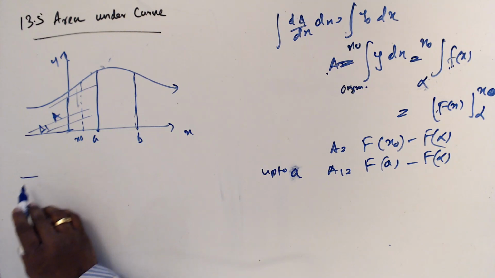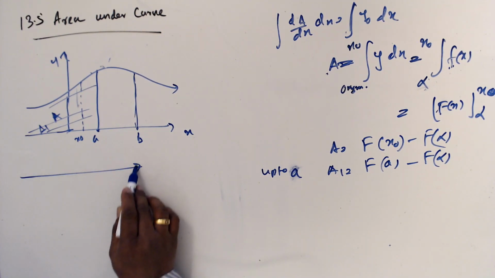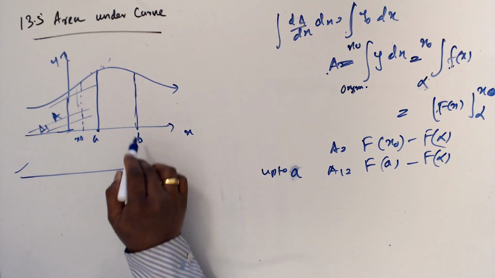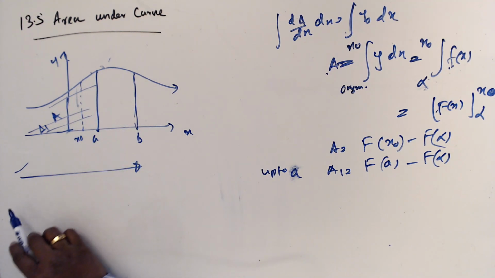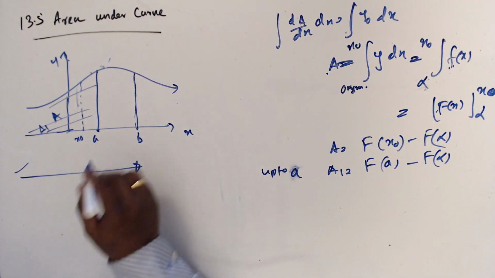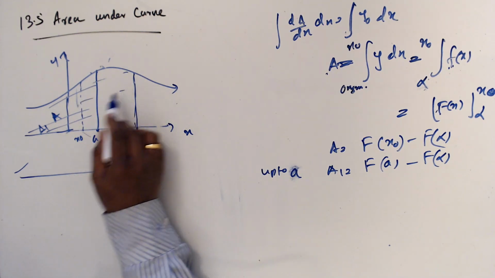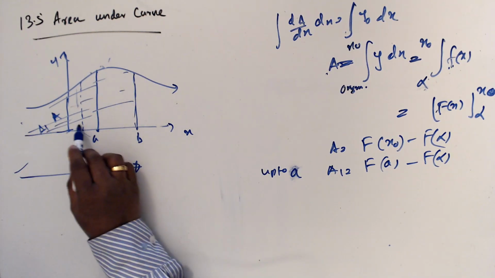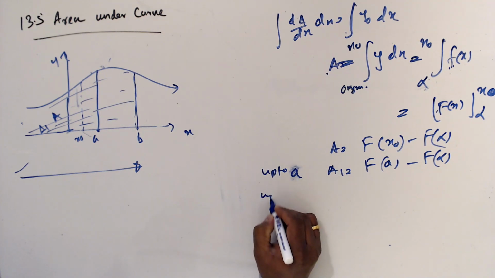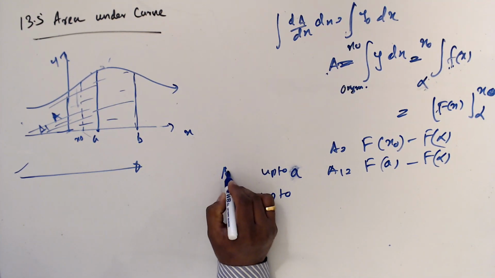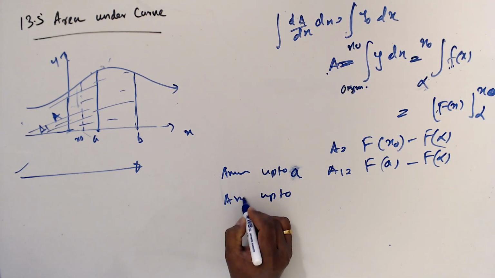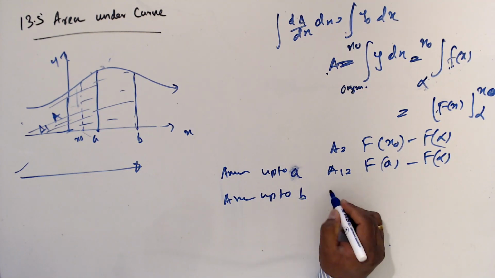Now assume that I want to find out the area up to B, this whole area. Let's say the area up to B, from alpha, so then area up to A, area up to B. Then this becomes A2.